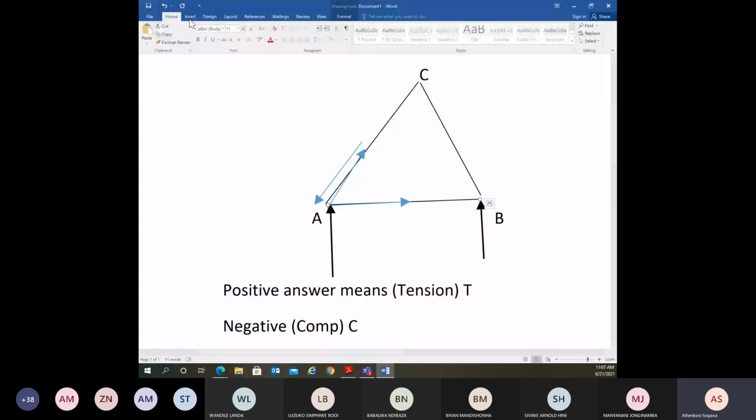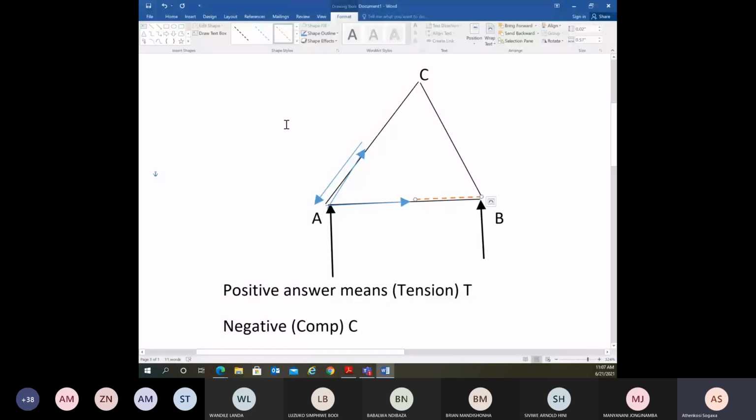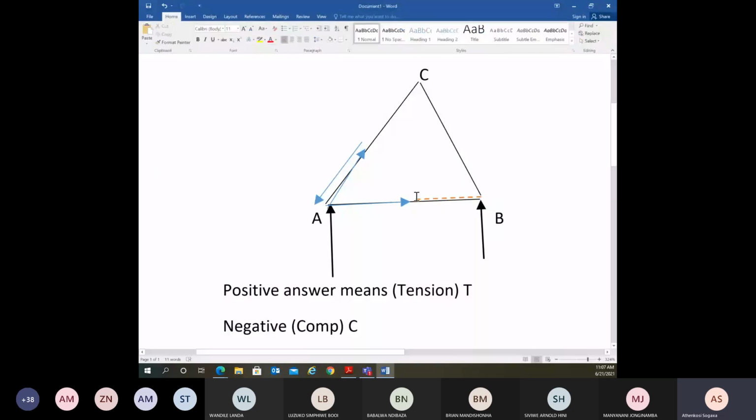Let's say you are calculating here and this one is in tension. Let me draw it as a dotted line. It's in tension, which means it pulls away from OB, and here at A it also pulls away.